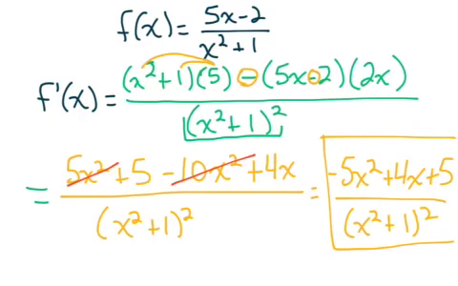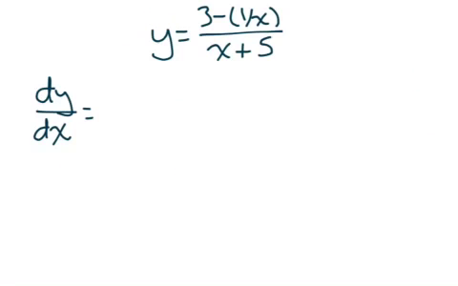Alright. Now let's look at another one that's pretty similar, except we do want to simplify this just a little bit before we start actually taking the derivative. So notice here that we have what we call a compound fraction. We have a fraction in the numerator of a fraction, and we really don't want to deal with that.